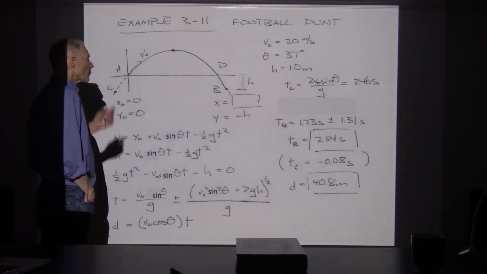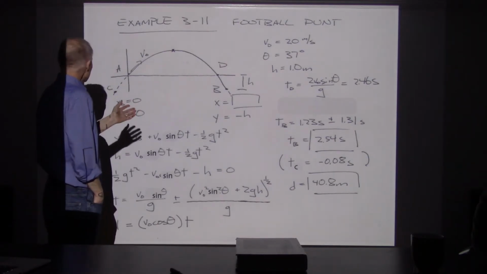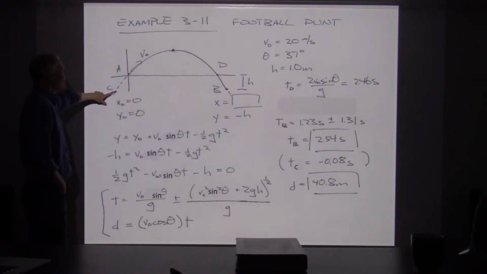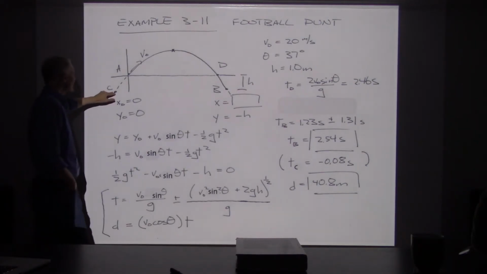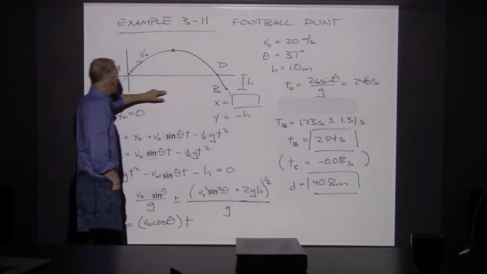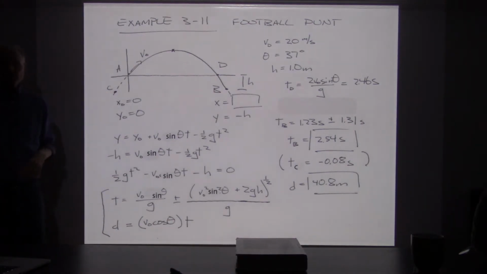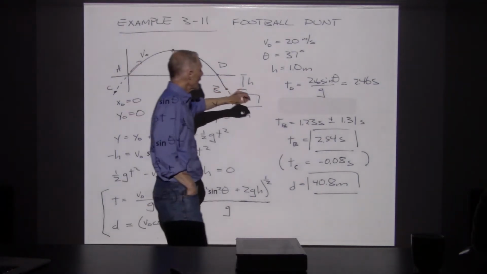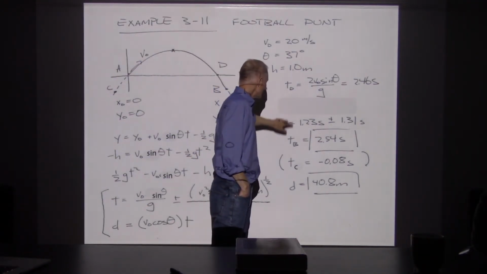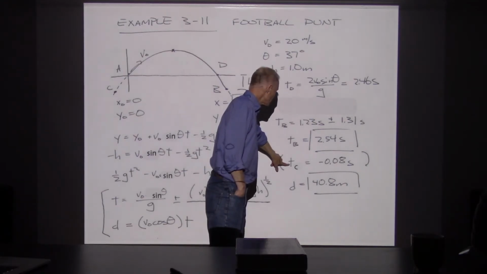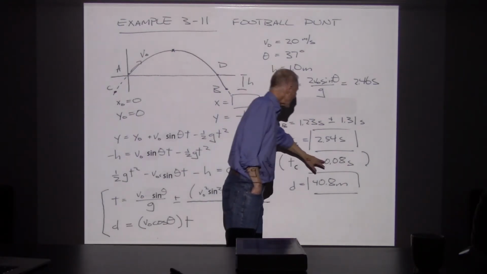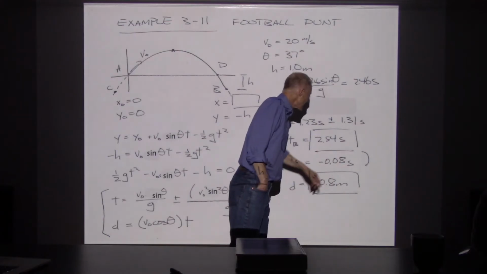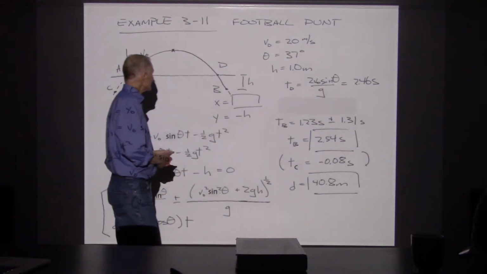Now, where is point C? So I also created a point C that was at the same elevation as point B. Now, point C never happened, but my solution, using the quadratic, is saying that there is another solution where the time was negative 0.08 seconds. What is that trying to tell me?